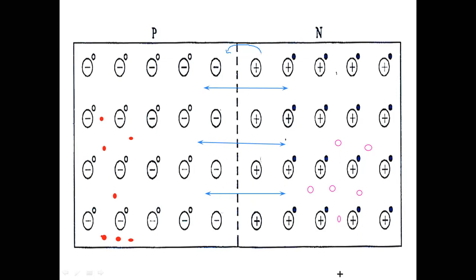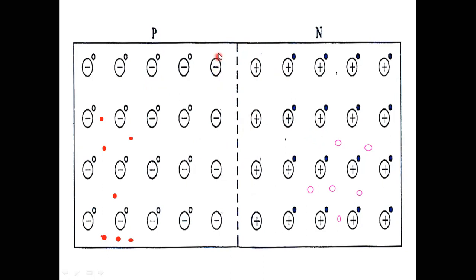Now what is happening? After some time, the electrons move from the n side to the p side and holes move from the p side to the n side. So what will happen at the interface of p and n?